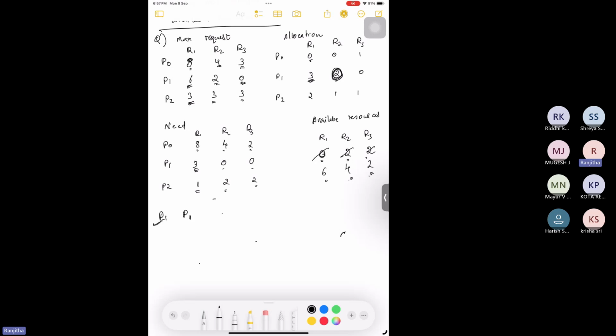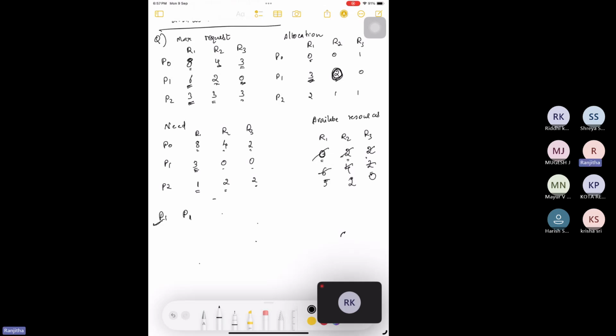let's give the resources to P2 now. From the 6, we gave 1 to P2, so it becomes 5. 2 to P2, and then again another 2 to P2.